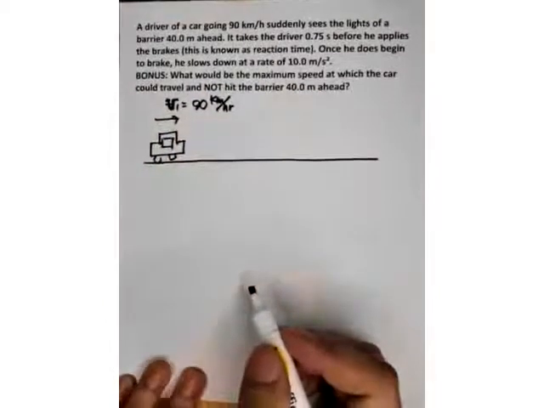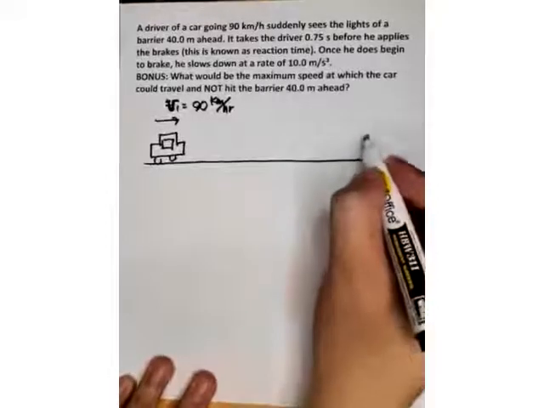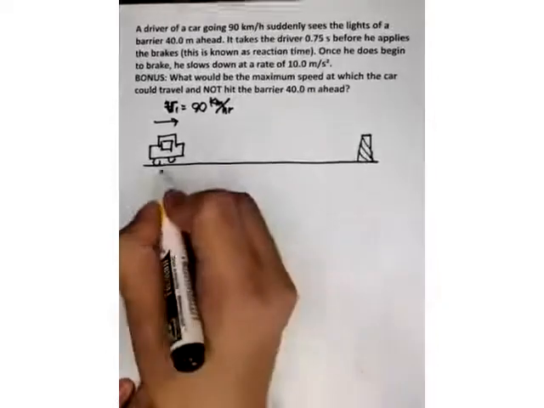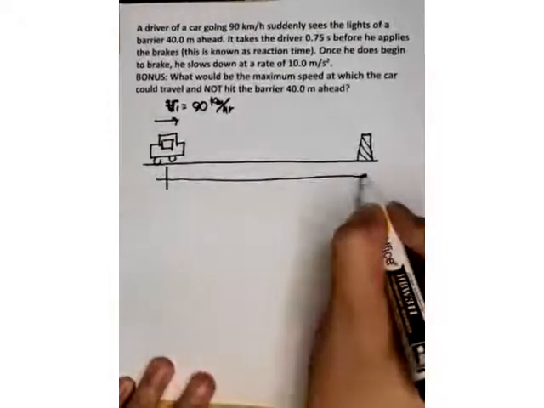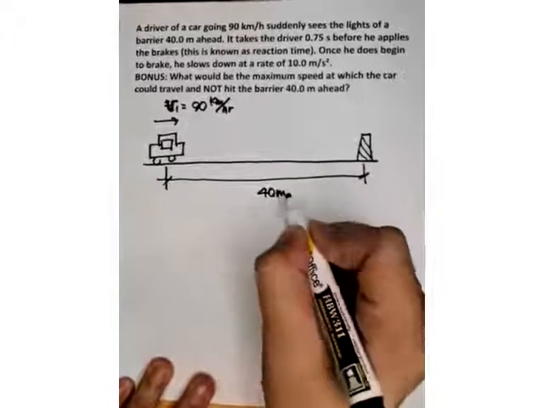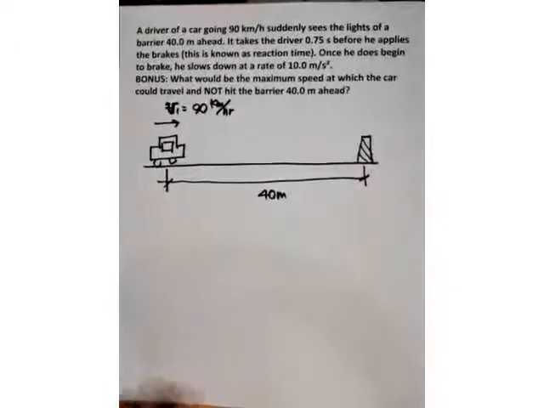And then he sees a barrier 40 meters ahead. So this is the car and this is the barrier. So this is 40 meters. It takes the driver 0.75 seconds before he applies the brakes.